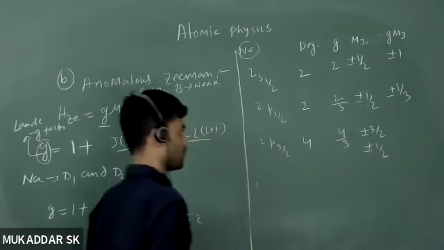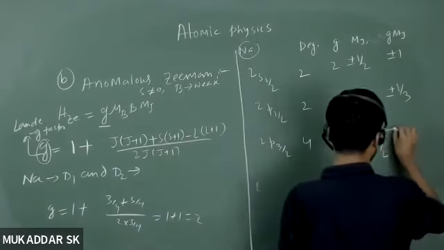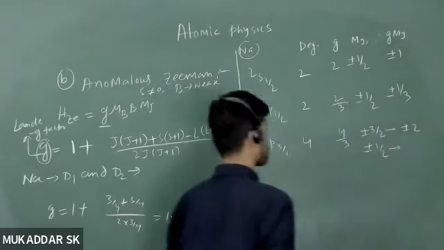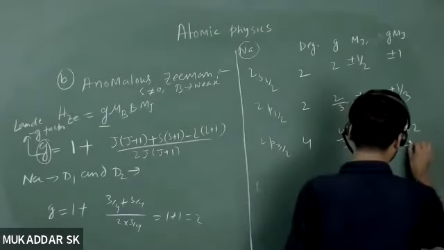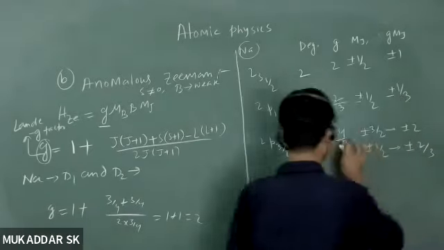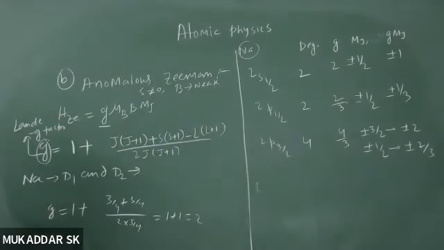So g·mj will be plus or minus 2 and plus or minus 2/3. So these are the states.